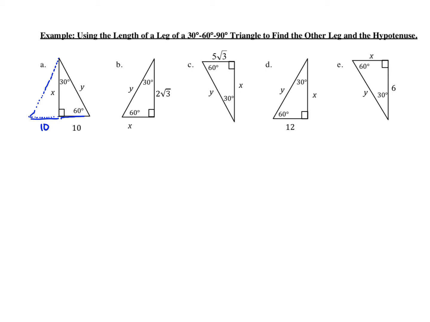So y is 20. If you applied what we just learned with the 30, 60, 90, all you have to do is 10 multiplied by 2, and 10 times 2 is 20. If you wanted to get x, x would be equal to 10 multiplied by root 3.